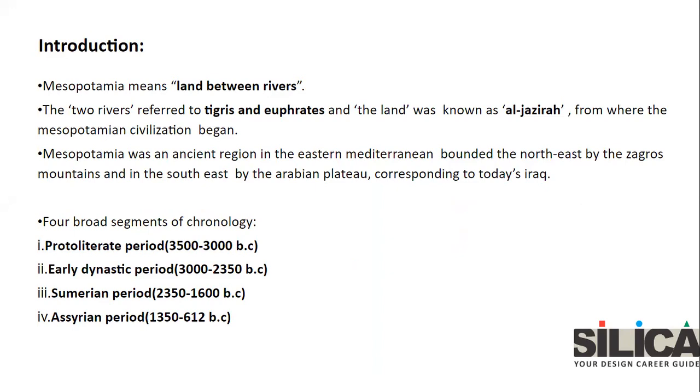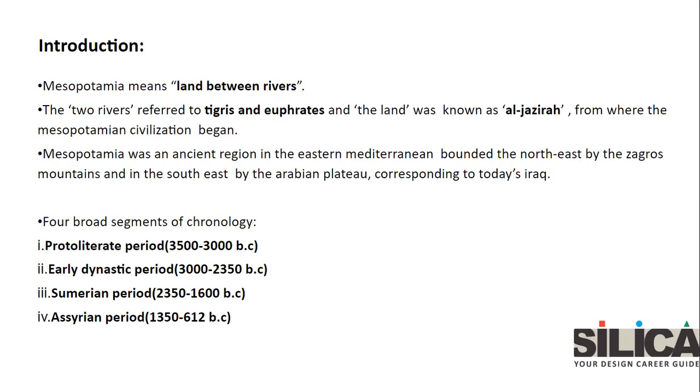Mesopotamia was an ancient region in the eastern Mediterranean, bounded in the northeast by the Zagros Mountains and in the southeast by the Arabian Plateau, corresponding to today's Iraq.